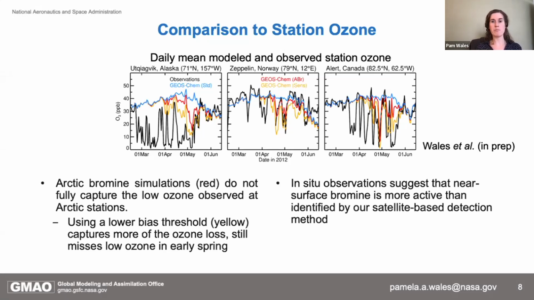It's not much of a difference in the magnitude of the threshold, but it results in bromine being detected over a larger surface area, and we end up emitting about twice as much bromine. We start to capture, in yellow, more of the surface ozone decreases later in the season, but we're still missing surface ozone decreases in March.